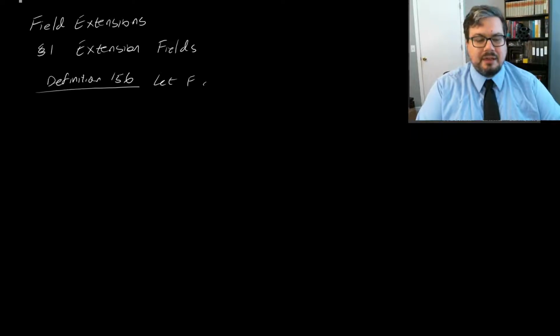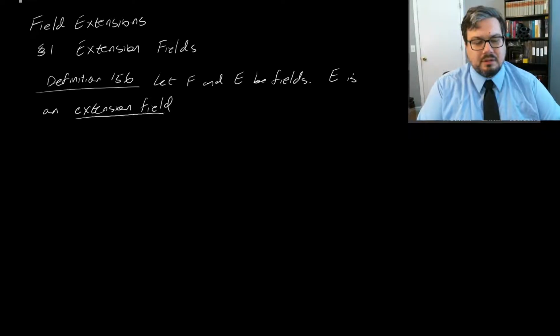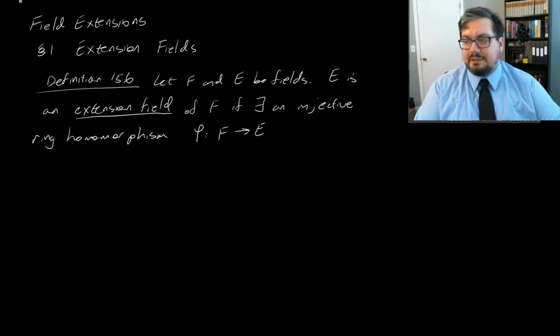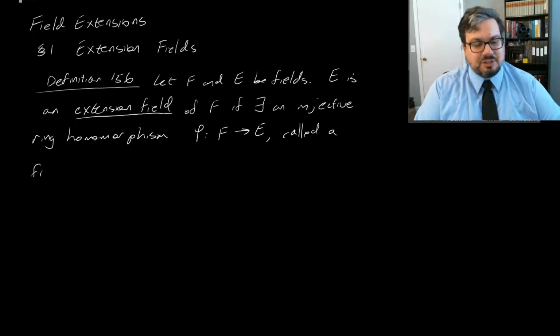Let F and E be fields. We say that E is an extension field of F if there exists an injective ring homomorphism phi from F to E, which is called a field extension.